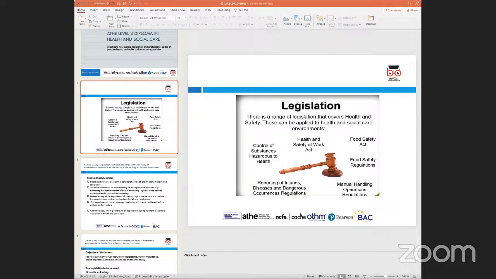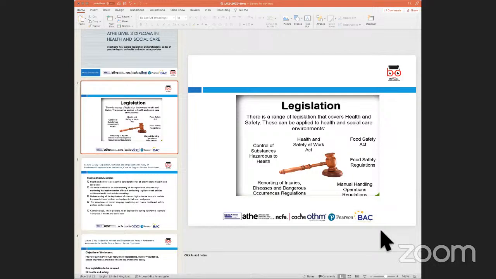So when we talk about legislation in terms of an act, what is the meaning of the word legislation? When we say legislation or professional code of practice, they are a set of standards or guidelines which care providers must adhere to in order to ensure that the services being provided are safe, effective, and of quality in terms of meeting the standards set by the CQC.